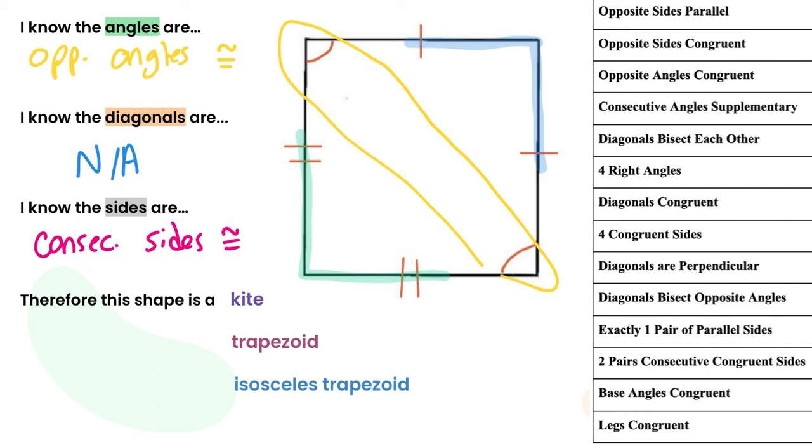If I have specifically the consecutive sides being congruent, that right there should be an alert that it's a kite. However, for our angles, we should actually be more specific. It's not that all opposite angles are congruent, but there is one pair of opposite angles congruent. If we had two pairs, that's when we start getting into our parallelograms. But if only one pair and consecutive sides being congruent, that tells us we have a kite.